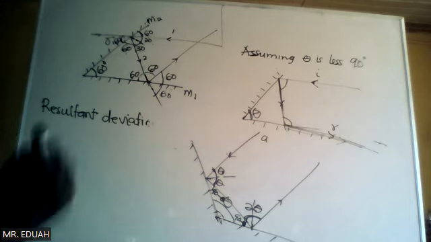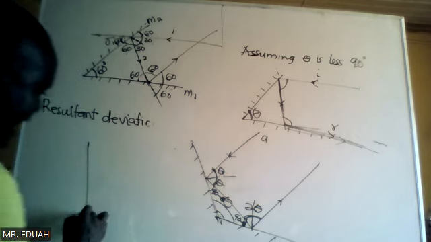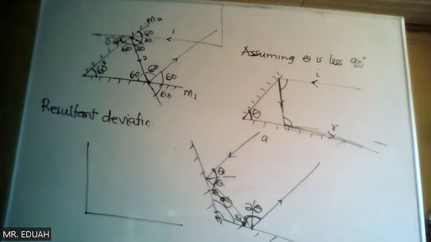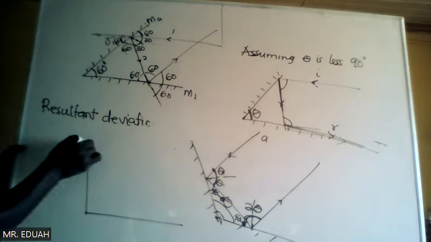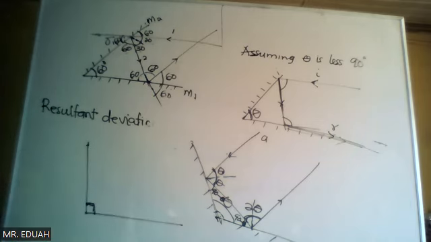Now let's also consider when the two mirrors are exactly 90 degrees, perpendicular to each other, meaning we are assuming that this and this have this relationship.